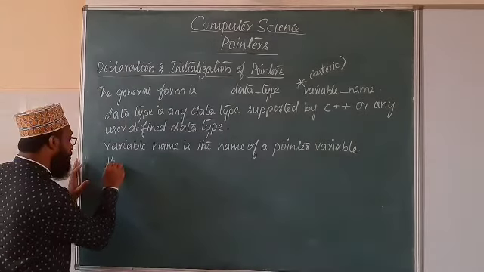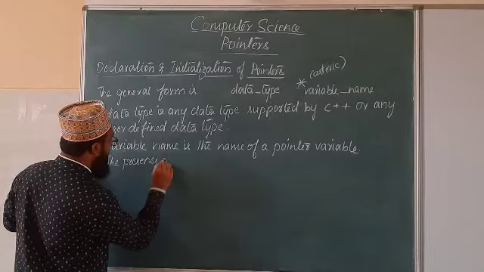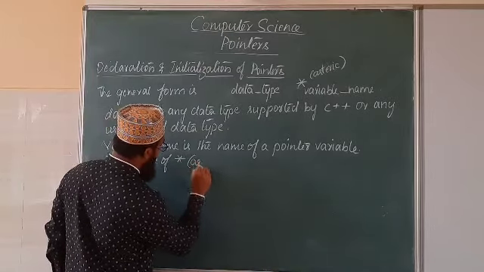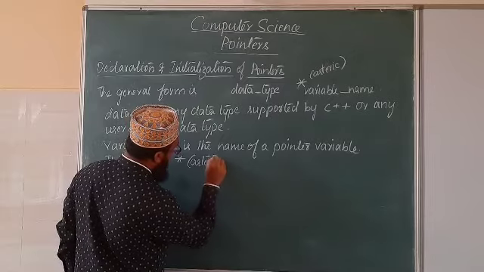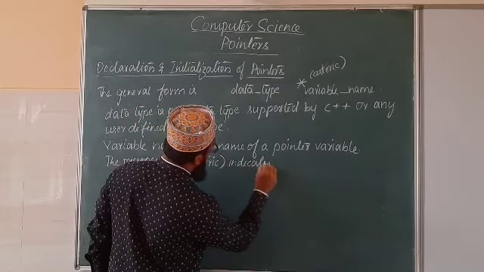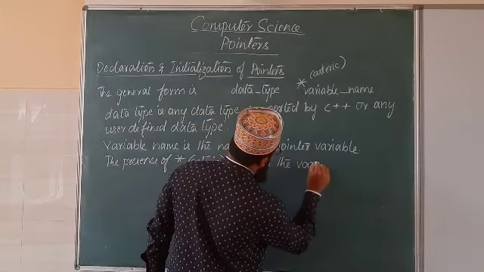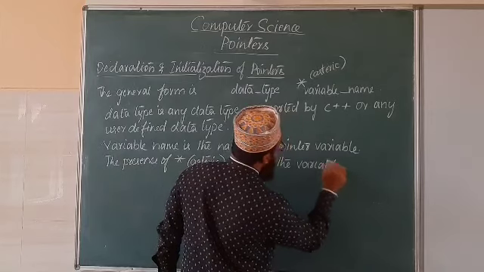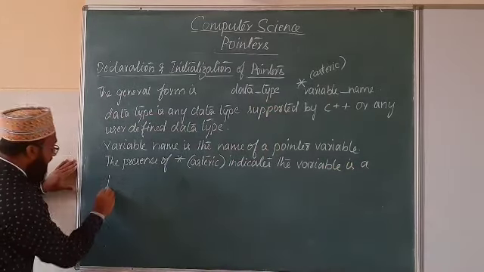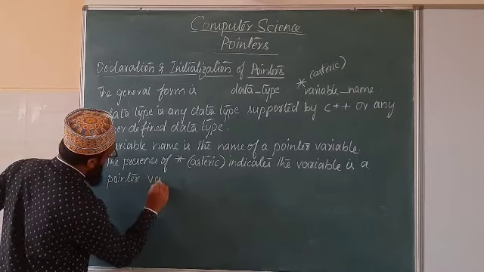Here, the presence of asterisk indicates the variable is a pointer variable.